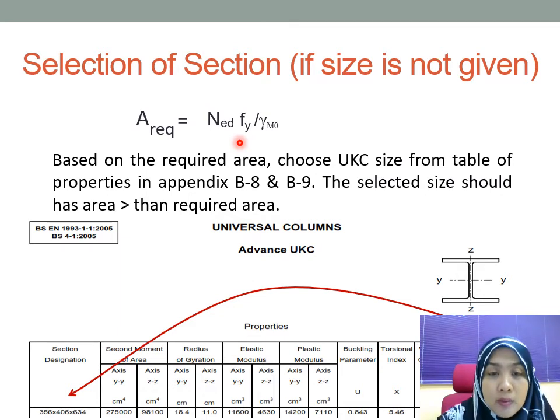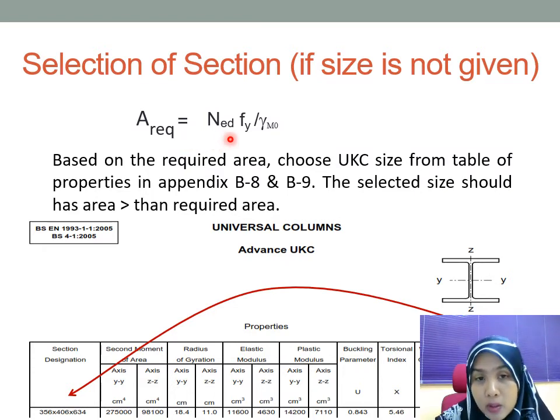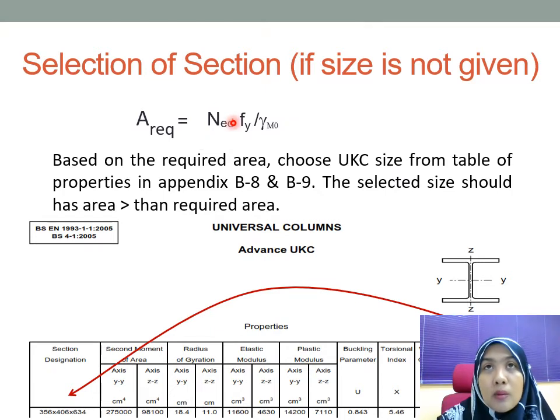You can refer to Table 3.1 in the appendix to get the Fy value for each steel grade. From this equation, you calculate NEd times Fy divided by gamma M0. Since axial load is normally in kilonewtons, here you need to convert the unit to Newtons, so that A required is in millimeter squared.